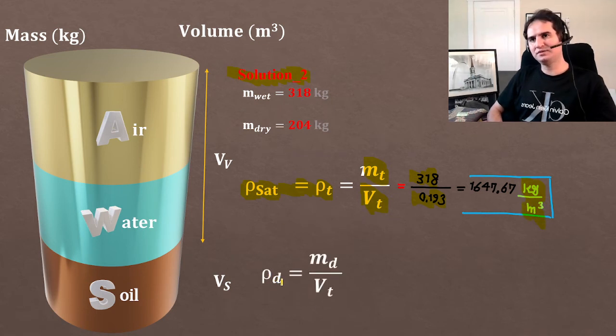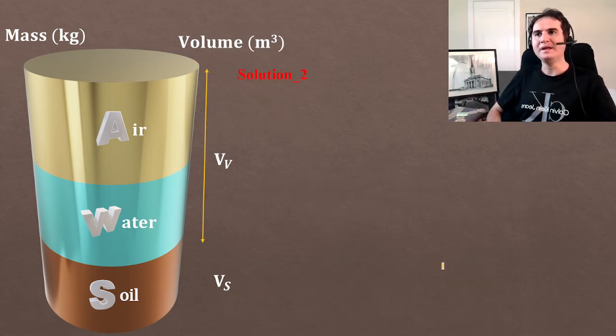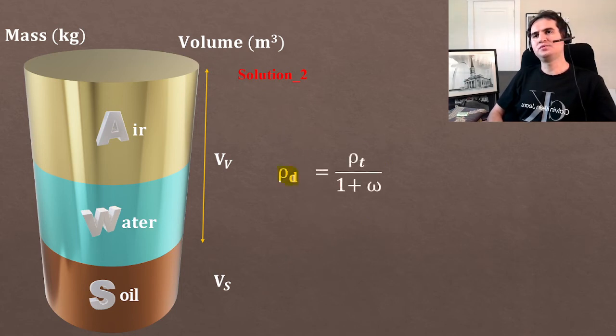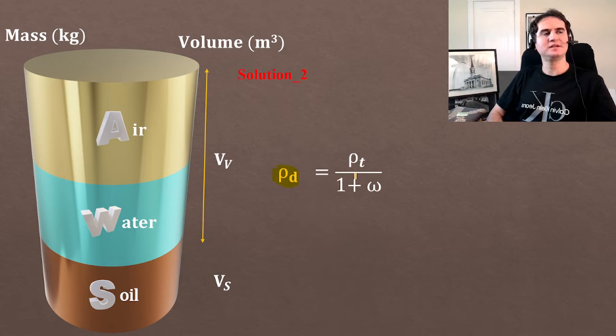And if you calculate the dry density, that's the dry mass over total volume. Based on the problem statement data, it gives you 1057 kg per cubic meter. Based on the weight-volume relationship, the difference between unit weight and density is just that rho times g is the unit weight.